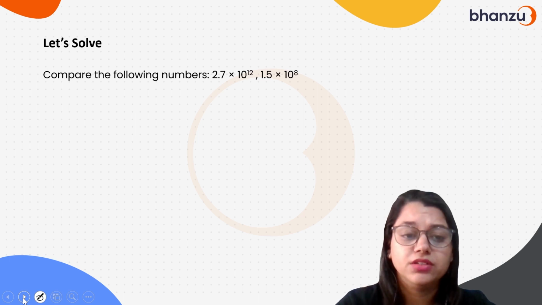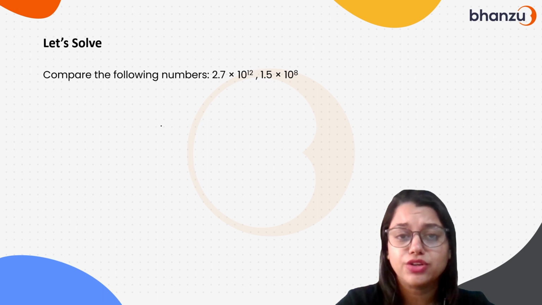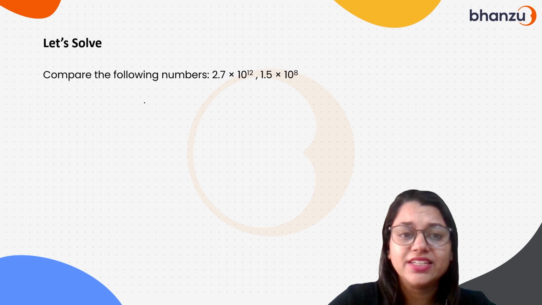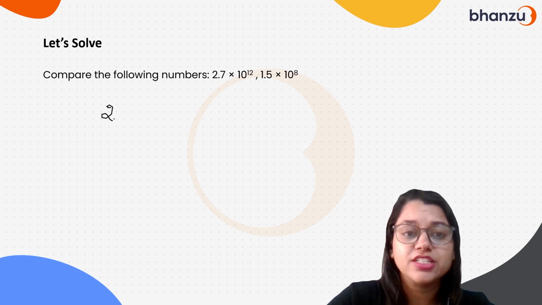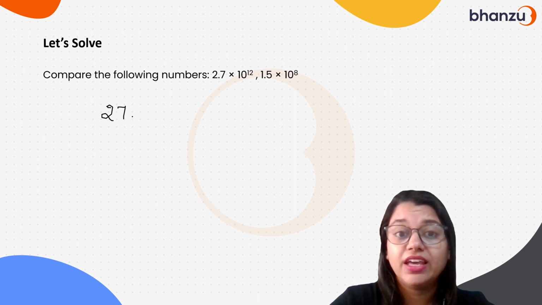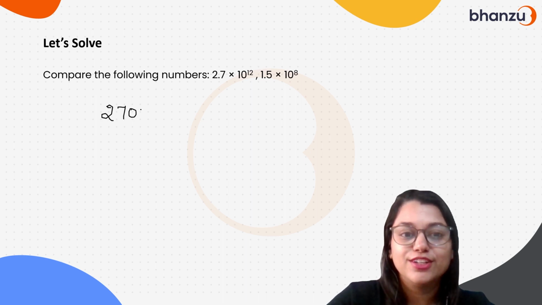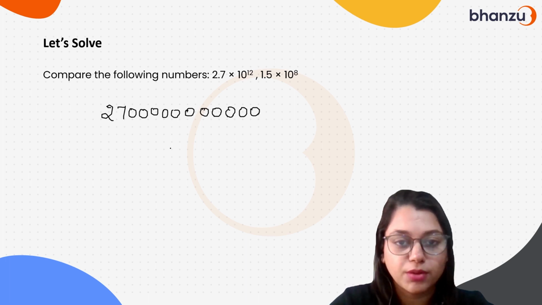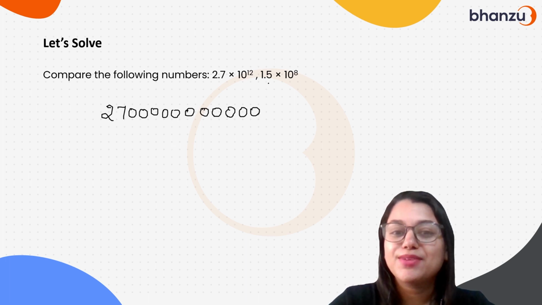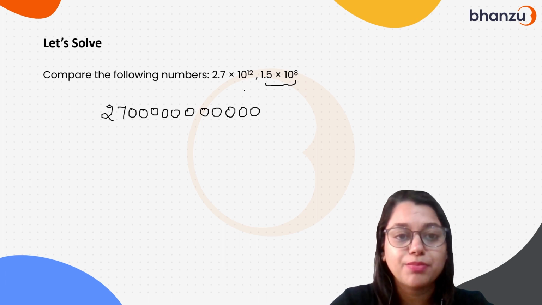Compare the following numbers. Here we are given two huge numbers written in exponential form, and we have to compare them. Let us first expand these. 2.7 into 10 raised to the power 12 will be written as 27 and then 11 zeros. Let's write it: 1, 2, 3, 4, 5, 6, 7, 8, 9, 10, 11. Such a huge number, right? The next number is 1.5 into 10 raised to the power 8.